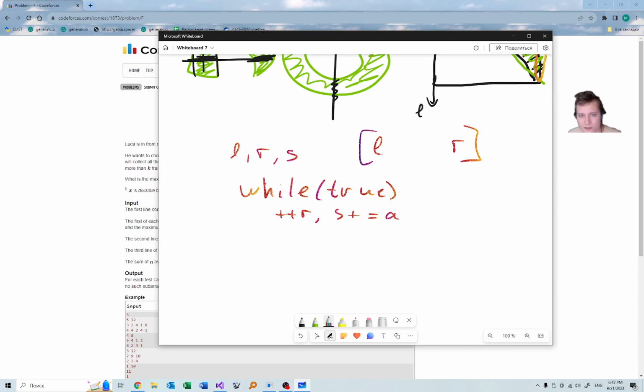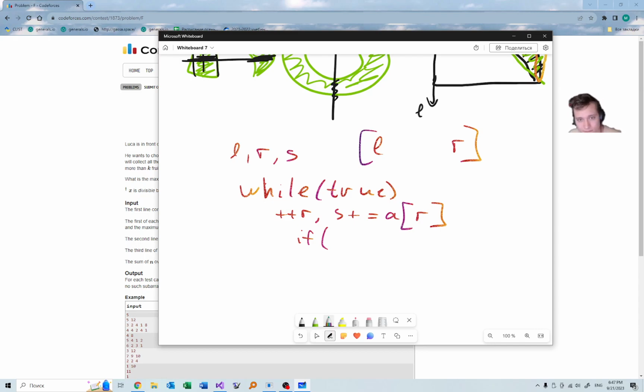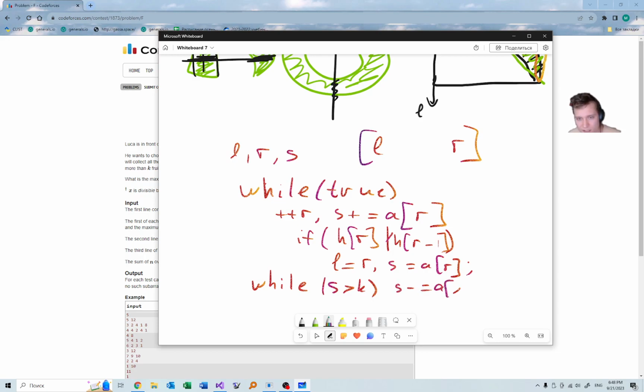S plus equals A R. And if A R does not divide A R minus 1, then we have to say that L equals R minus 1, and just S equals A R. And then while S is greater than K, we say that S minus equals A L and plus plus L.